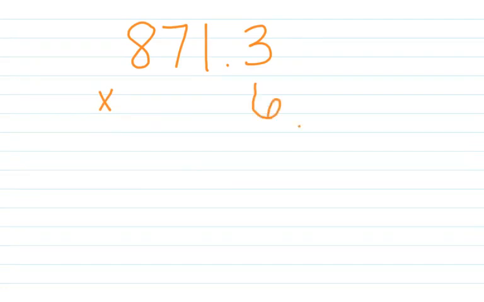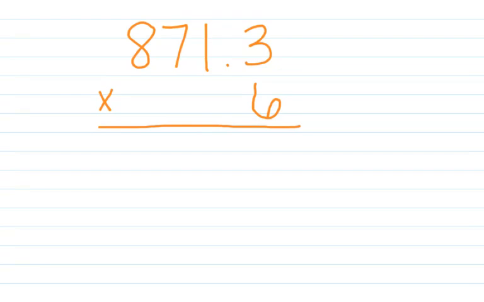All right, here's the final one I'll do before having some practice ones for you. Let's do 871 and 3/10 times 6. Here we go. Remember, at the beginning, we just forget that there's a decimal even there.